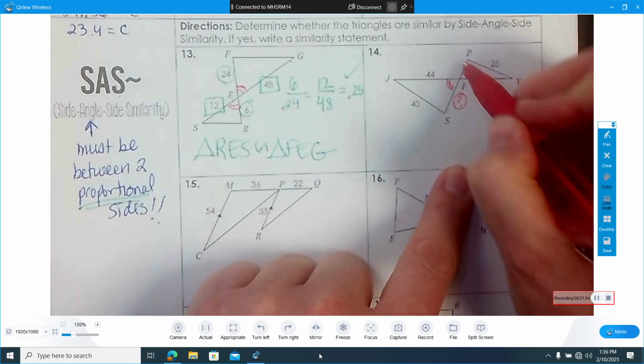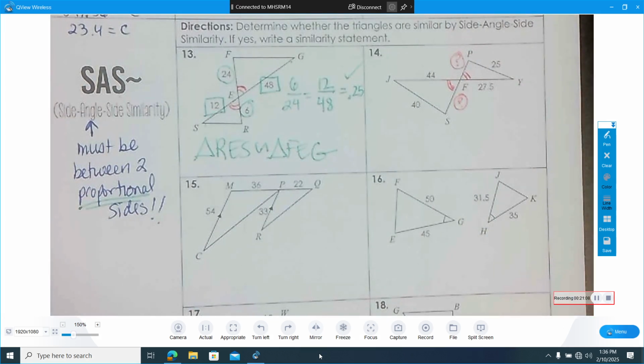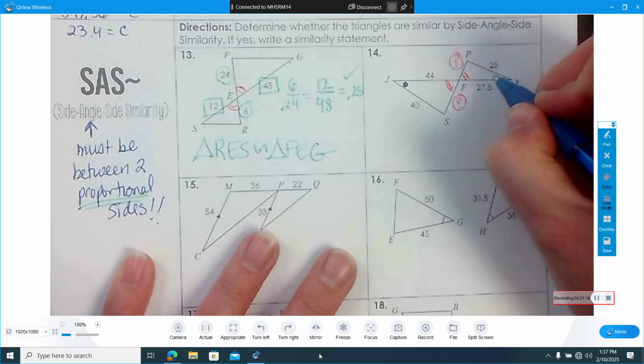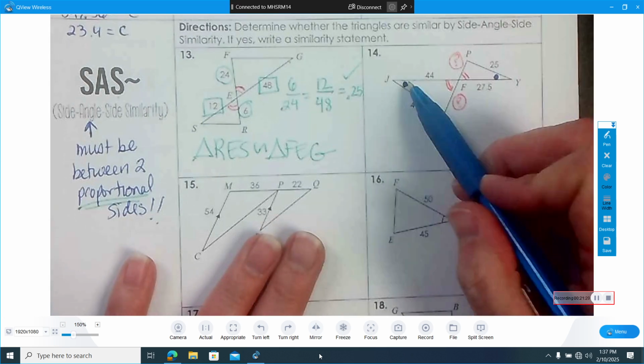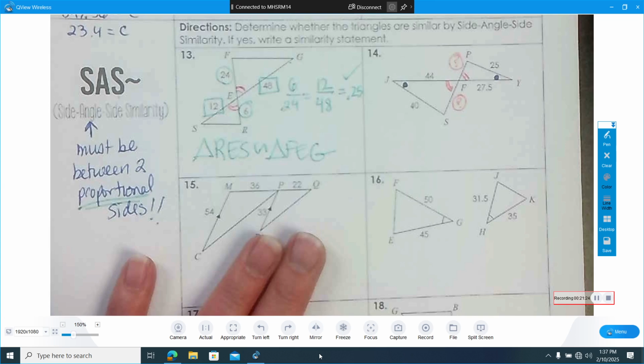No. I would need to know those two sides in order to use side-angle-side. If they gave me J and Y, then I'd have side, angle, side, and that would be helpful.